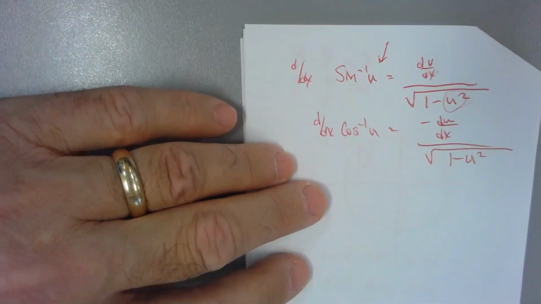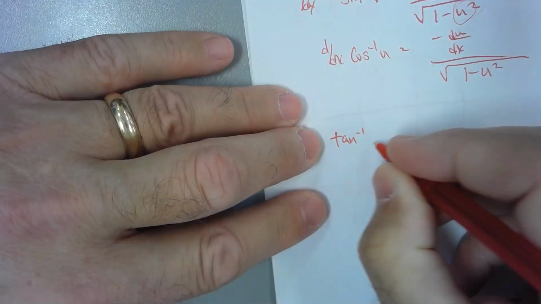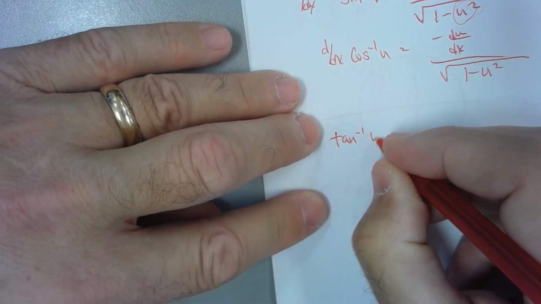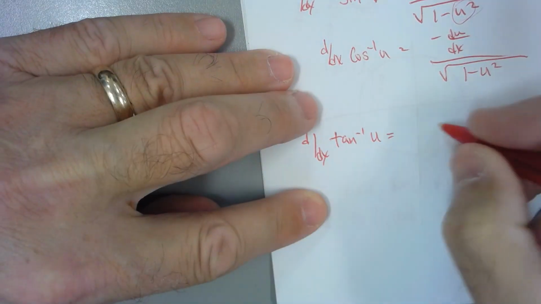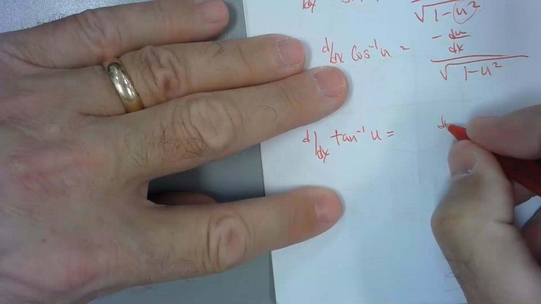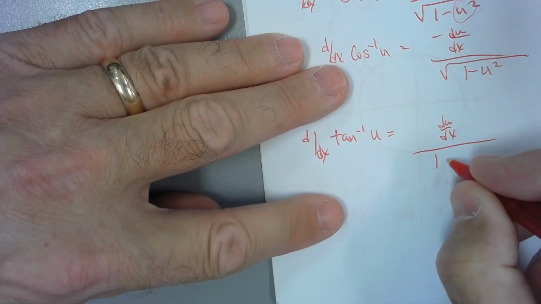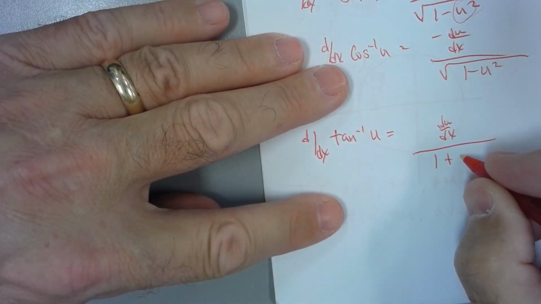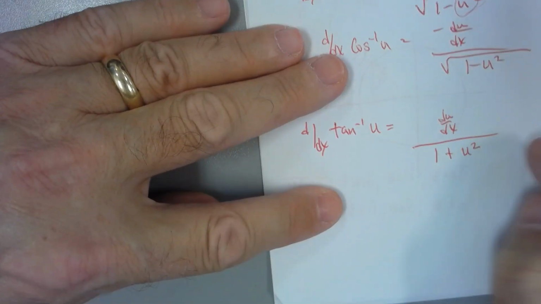Okay? So tangent, arctangent, or inverse tangent, its derivative is du dx over 1 plus u squared, no square root, or u squared plus 1, right?